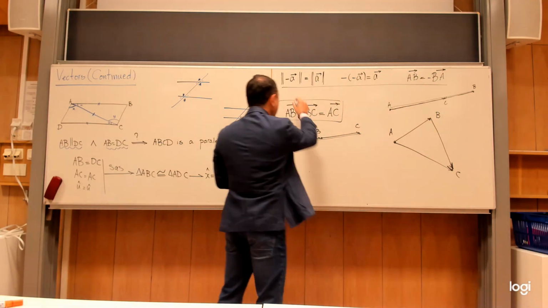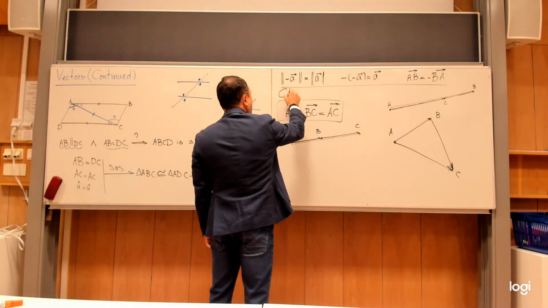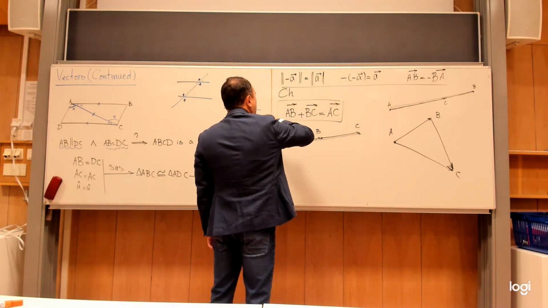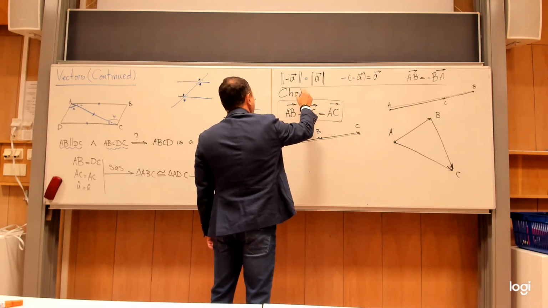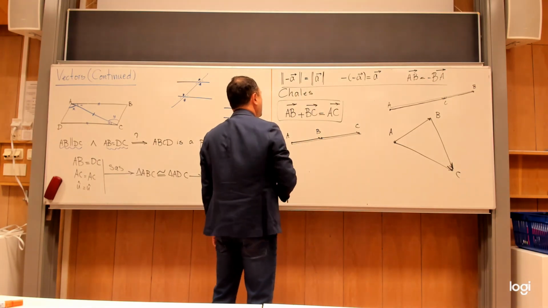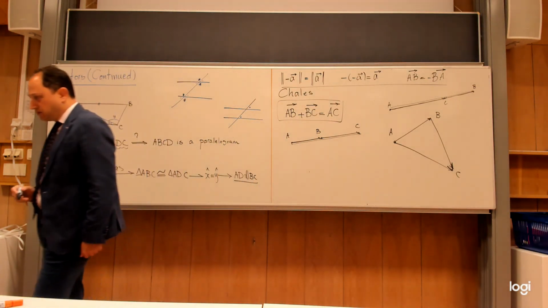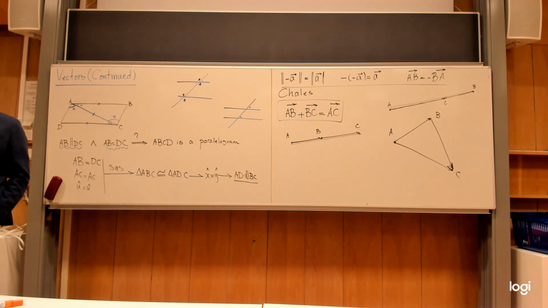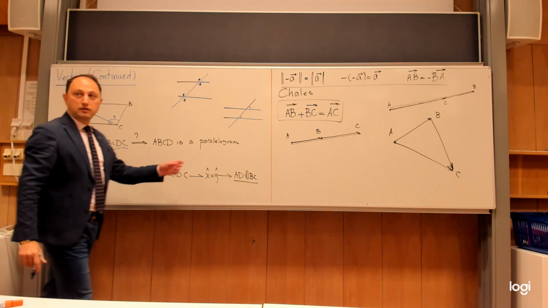So this is a theorem, and that is called Chasles' theorem. I think this is the way, if I remember. He was French, and French words are a little bit tricky, this is the spelling, but if I remember, I checked it on the internet, so this is pronounced Shal. So this is the Chasles theorem, yes?